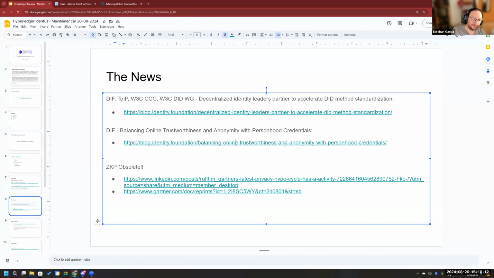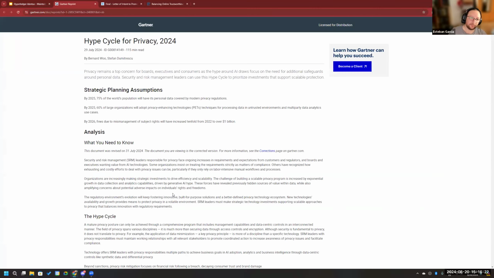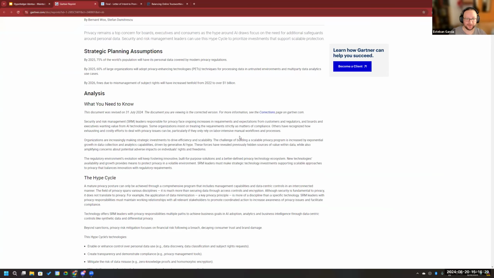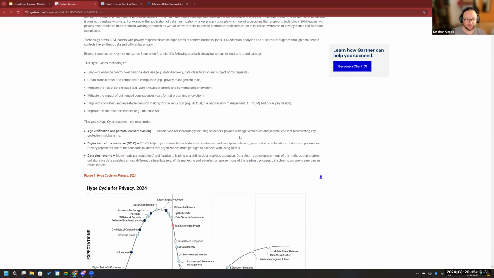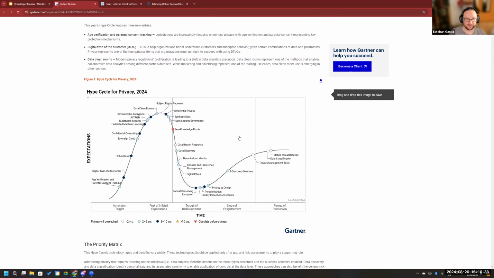And the other one that is also interesting is from Gartner. Gartner periodically releases this hype cycle report every now and then. The thing that caused some interesting commentary on LinkedIn is that they labeled zero knowledge proofs as obsolete before plateau.